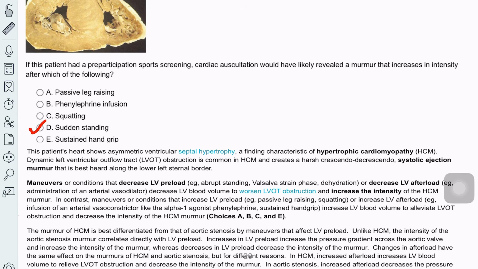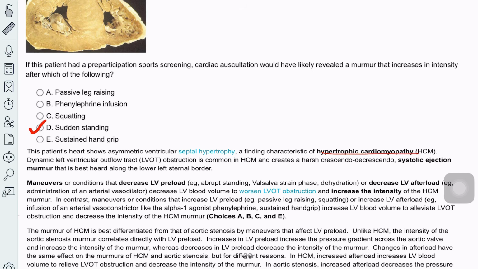So the patient's heart shows asymmetric ventricular septal hypertrophy, a finding characteristic of hypertrophic cardiomyopathy. Dynamic left ventricular outflow tract obstruction is common in HCM and creates a crescendo-decrescendo systolic ejection murmur that is best heard along the lower left sternal border.